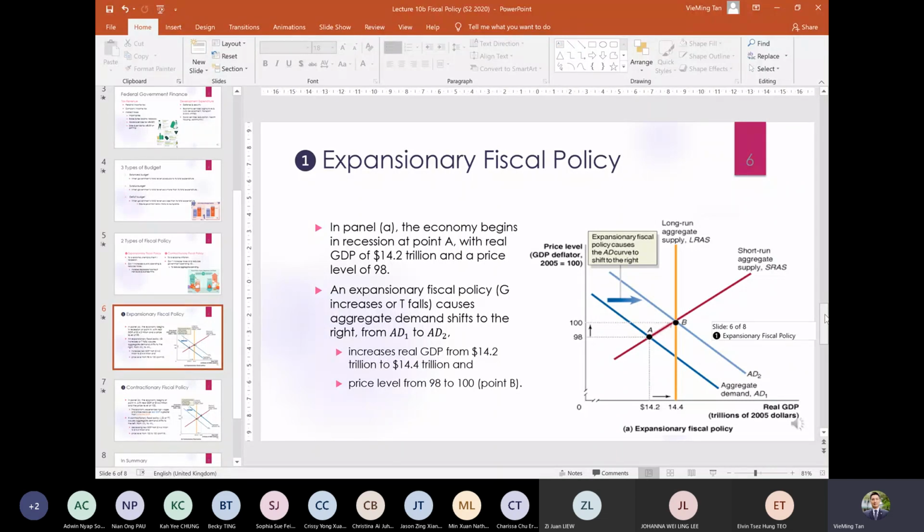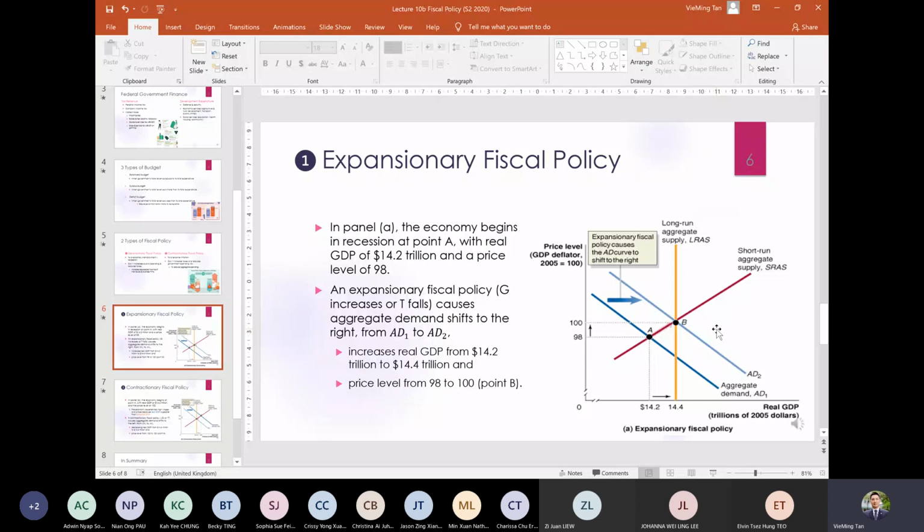So that this can increase the C and I values. Once C, I, and G are increasing, this will shift the AD curve to the right-hand side, from AD1 to AD2.